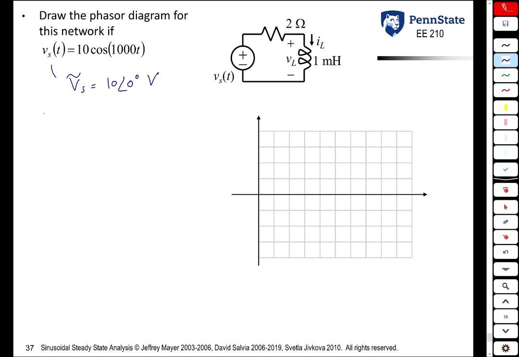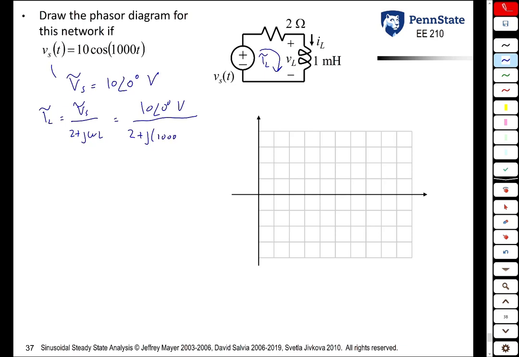So what's the current? We know from Ohm's law that IL phasor is just Vs phasor divided by the impedance, which is 2 plus j omega L. So it's 10 at an angle of 0 degrees volts over 2 plus j.